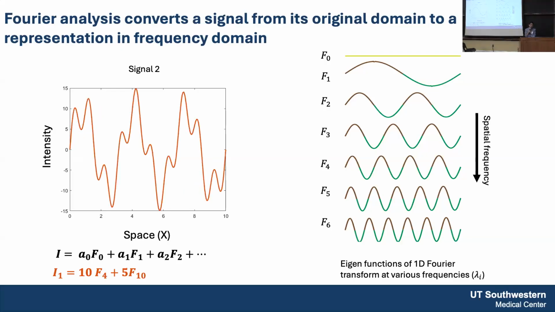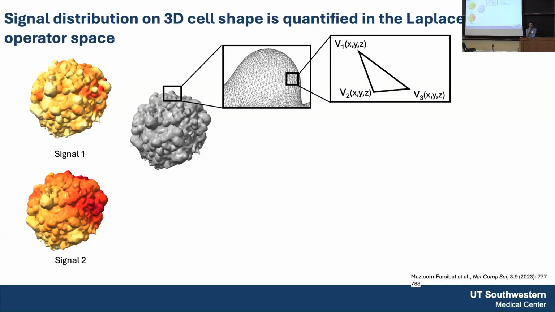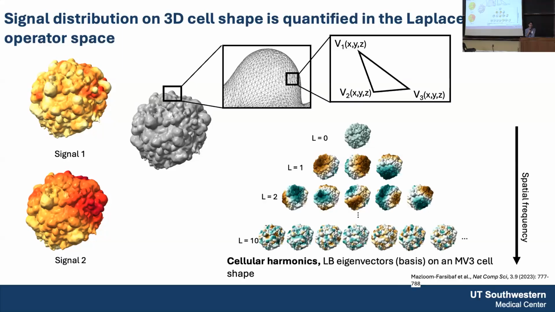For a new signal, we have the same sine and cosine functions, but the coefficient for each function is different. So we use this idea for 3D analysis. When we have the shape of a cell, for example, again the same melanoma cells, we can use the Laplacian operator to create eigenfunctions like this one.